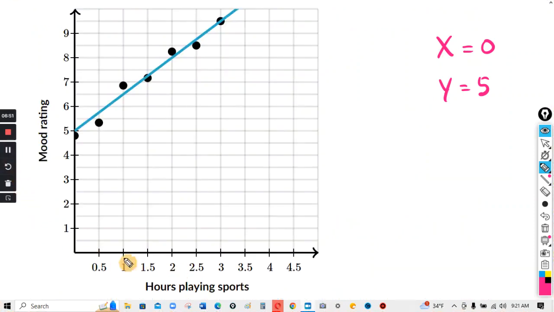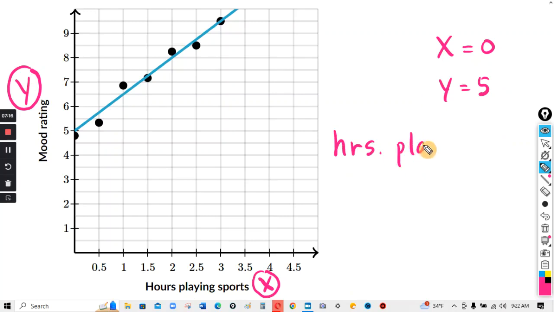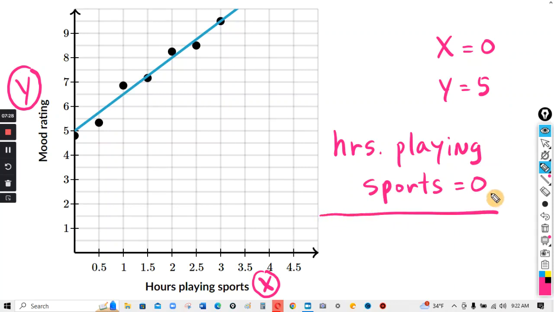On the graph, the x-axis is hours playing sports, and the y-axis is the mood rating. So since x equals 0, hours playing sports equals 0, and since y is 5, the mood rating equals 5.